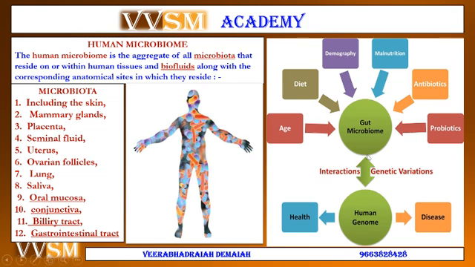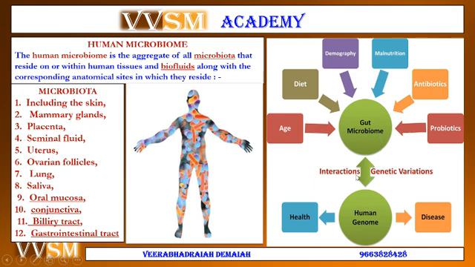Now, coming to the gut microbiome, it has its own inputs depending upon age, diet, demography, malnutrition, antibiotics, and probiotics. The gut microbiome and the human genome are interrelated to each other.